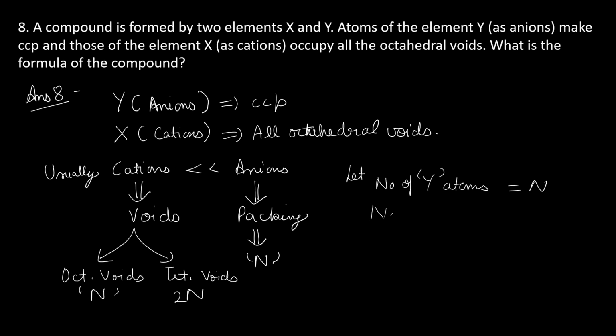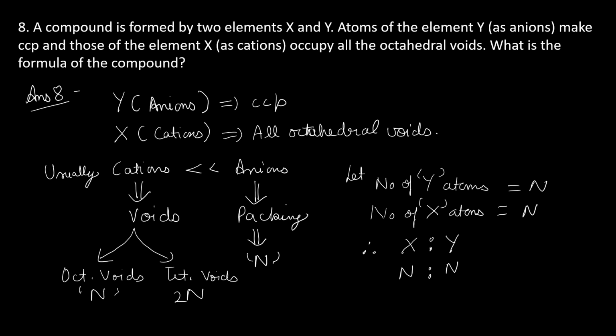Now number of X atoms. Since X atoms have occupied all the octahedral voids and octahedral voids are also n, therefore, the ratio of X and Y, always remember cation should be written first. So X is cation, right? This is cation and this is anion.